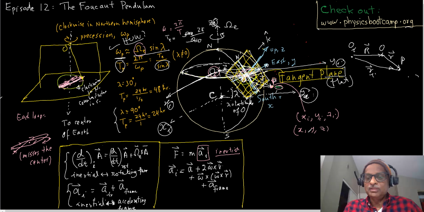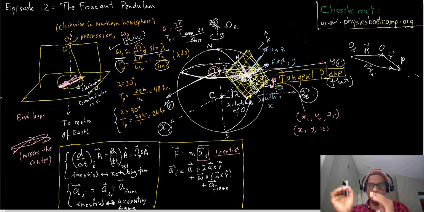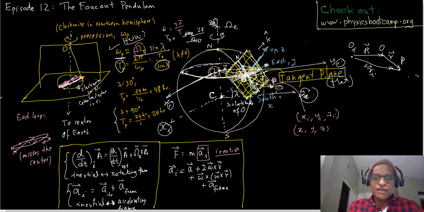The relation between them, you can see over here, the vector relationship is written down. I can actually do the derivatives and all kinds of stuff, which is shown in another video.